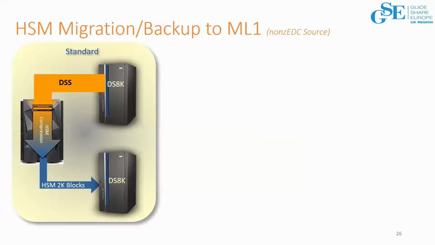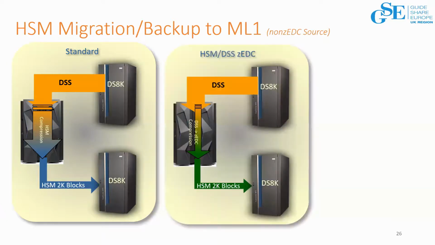Here we see why using zEDC makes such a difference. Over here on the left, when migrating or backing up data to ML1 using standard processing, DSS reads the data and passes it to HSM, and then HSM compresses the data, blocks it in 2K blocks, and writes it to ML1. As you can see, the amount of data going through the host is going to result in significant CPU and elapsed time.